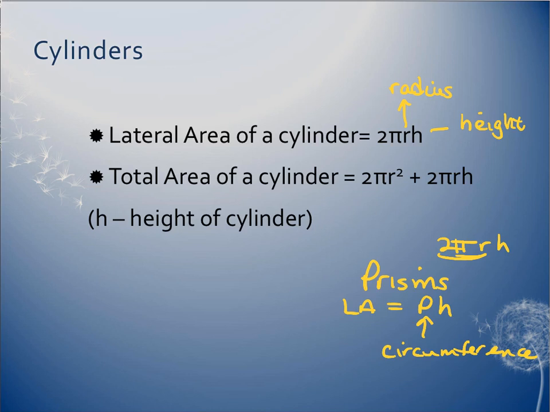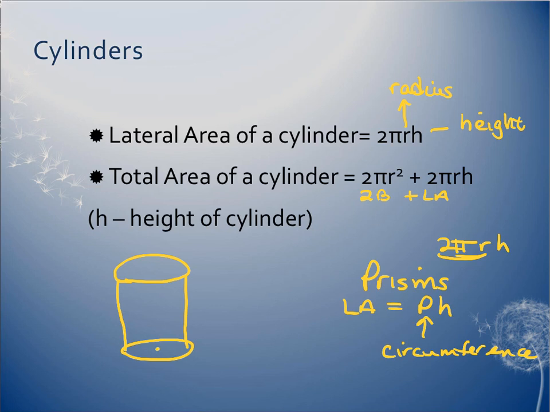Then for total area of a cylinder, again, if you think about the prisms, it's 2 times the base area plus the lateral area. And when it's a cylinder, let's draw a picture of one. Remember, a cylinder has 2 circles on the top and the bottom.